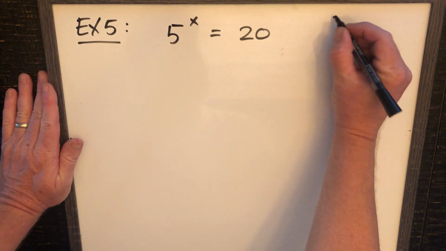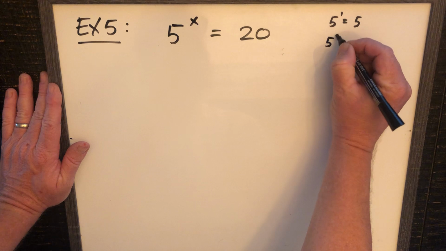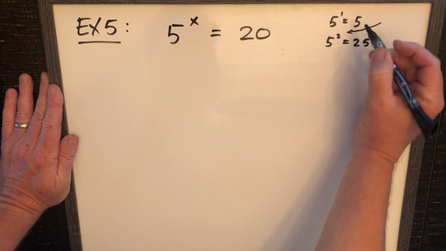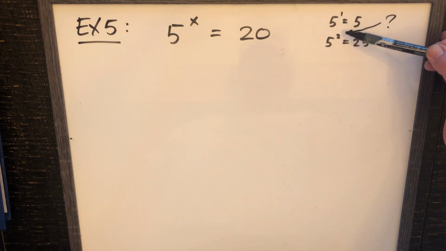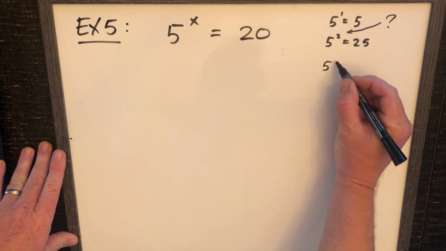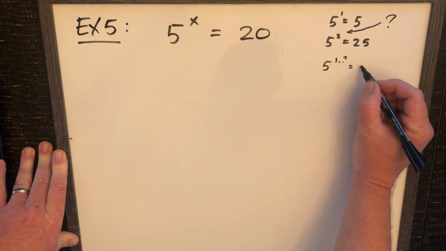So, you can come over here and experiment and say, well, is there any way that I could get 20? Yeah, somewhere in the middle here, somewhere between 5 to the first power and 5 to the second power would be, 5 to the 1 point something power would equal 20.